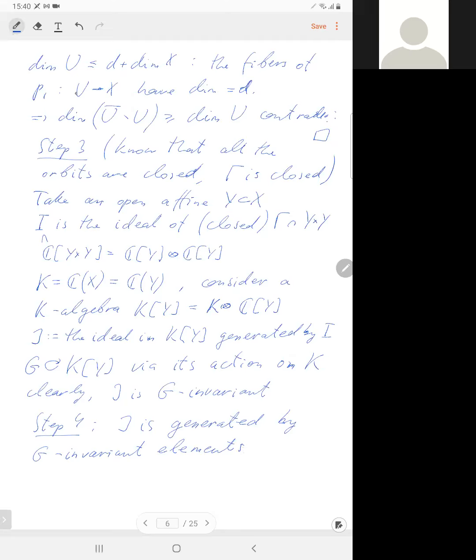Okay, and this will be already almost the victory. I mean, more or less, these elements, or their coordinates, so to say, will be the generators we're after. I mean, the generators in Rosenlicht's theory.